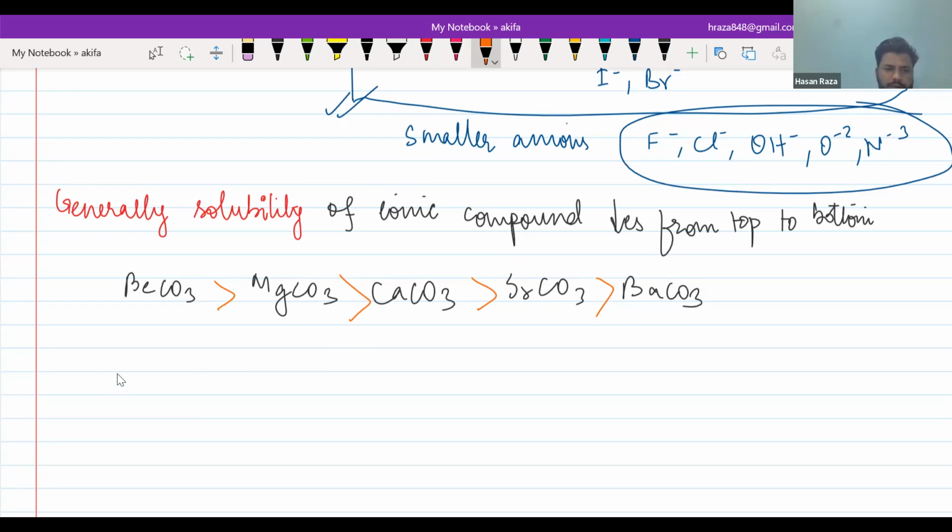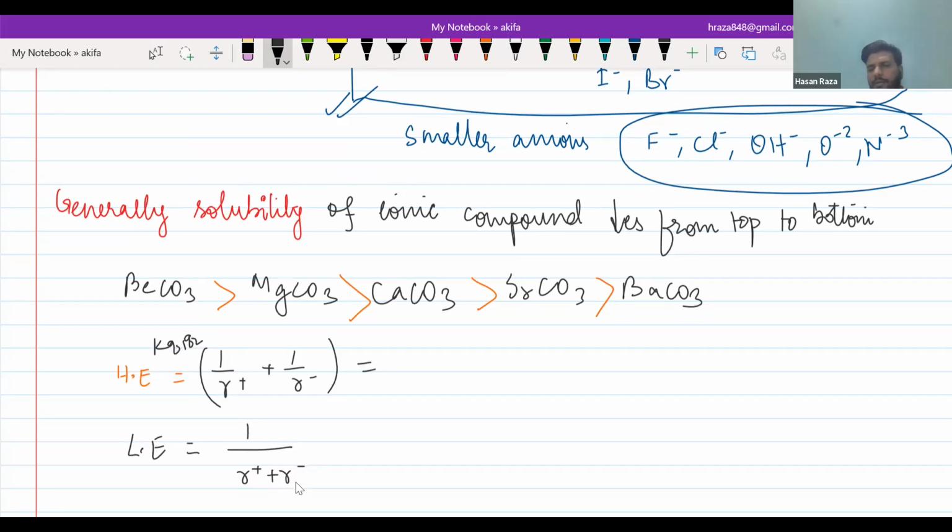Just see, we have a formula in class 12th in electrostatics. Hydration enthalpy is proportional to 1 by r plus, the radius of cation, plus 1 by r minus, the radius of anion, and there will be k q1 q2, that doesn't matter, it will be almost constant. And lattice enthalpy will be proportional to 1 by r plus plus r minus. R plus represents radius of cation, r minus represents radius of anion. Is that clear, Akifah?